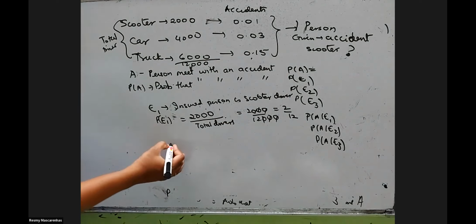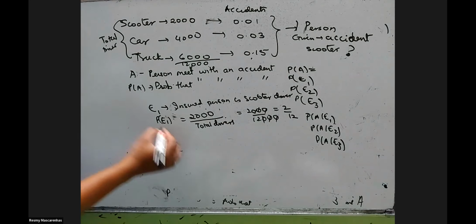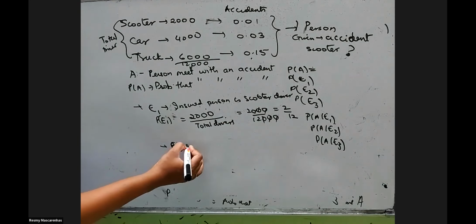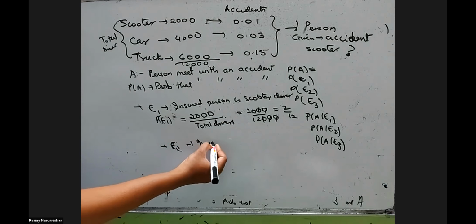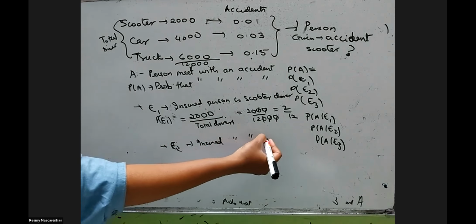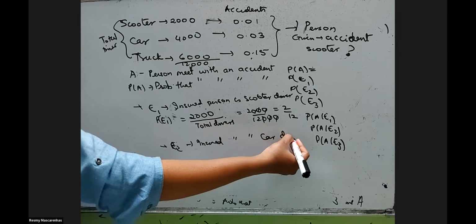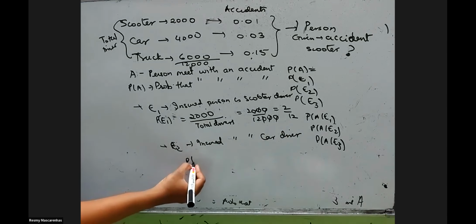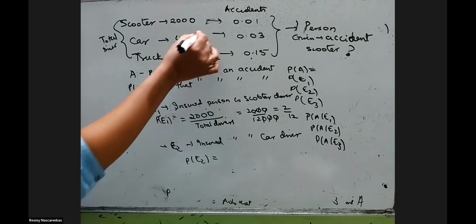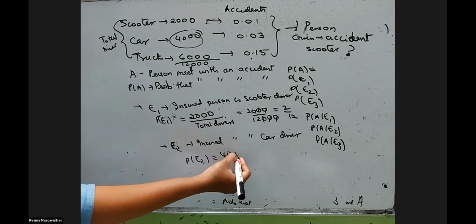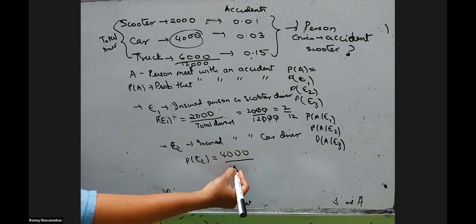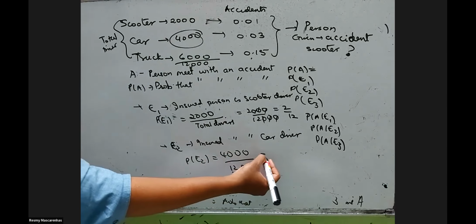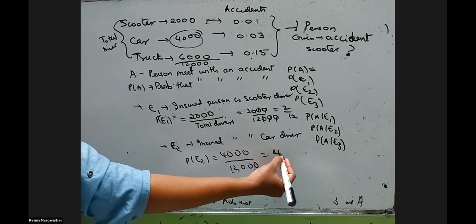Next. E2 is what? Same thing. Insured person is a car driver. So probability of E2 will be 4000 upon the total drivers. So leave it as 4 upon 12.